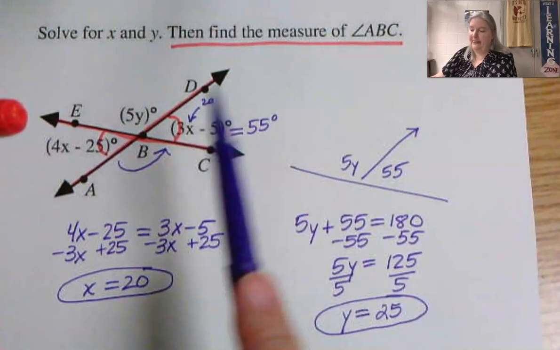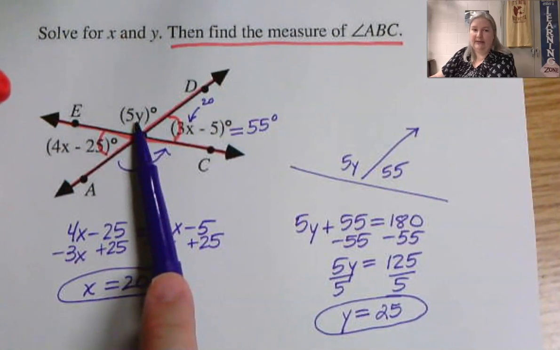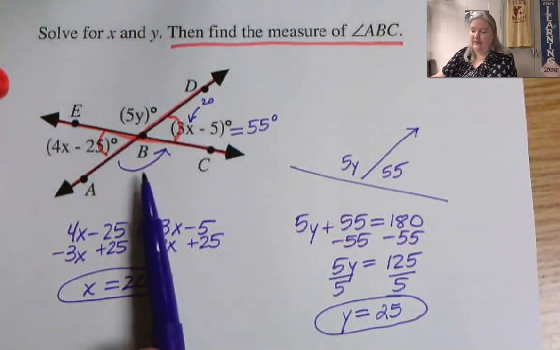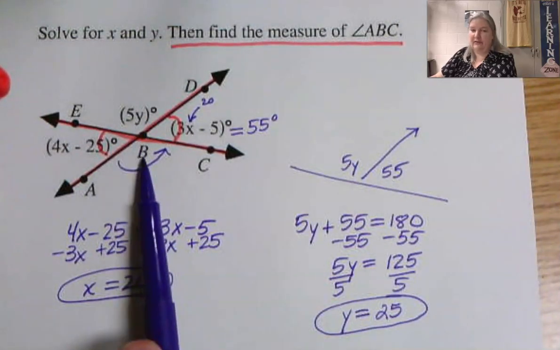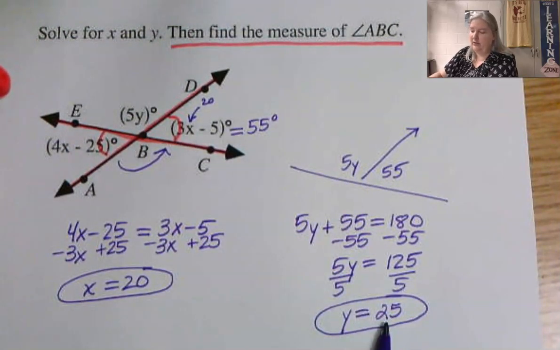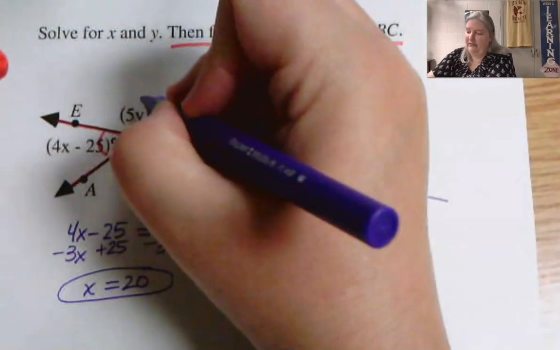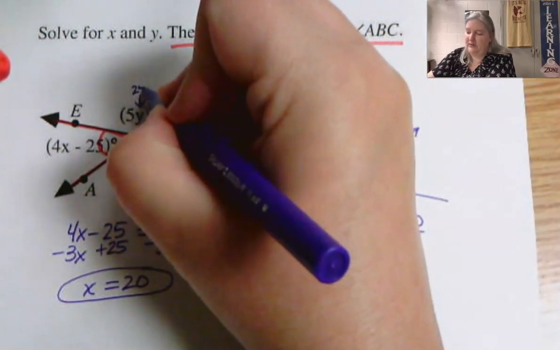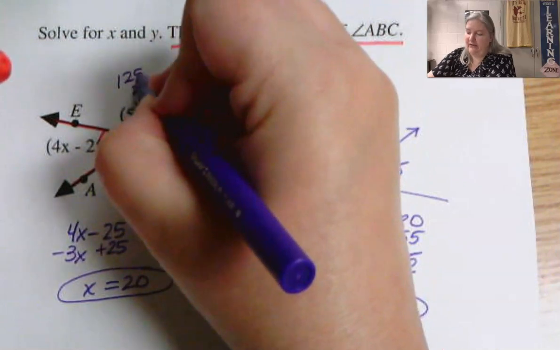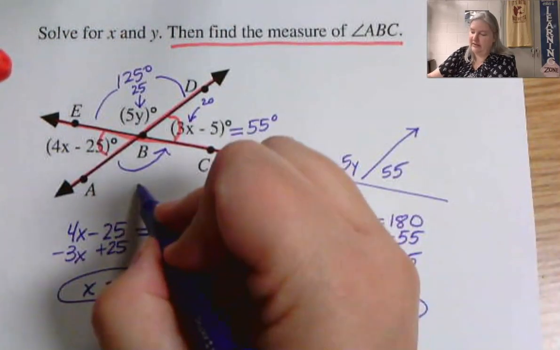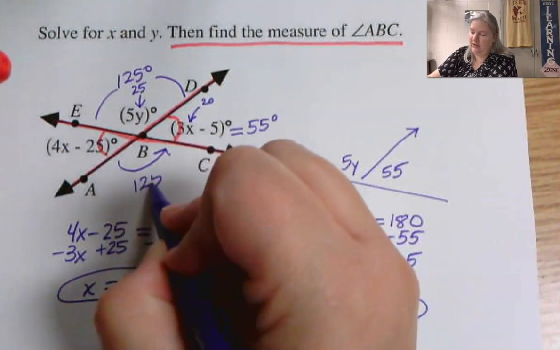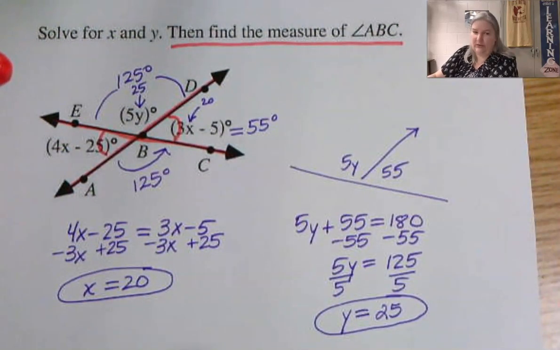Another option is 5y and angle ABC are vertical angles. That's a pair of vertical angles. So if I know that y is 25, 5 times y is 125. So this angle all up here is 125, which means this angle down here, the vertical angle, also has to be 125.